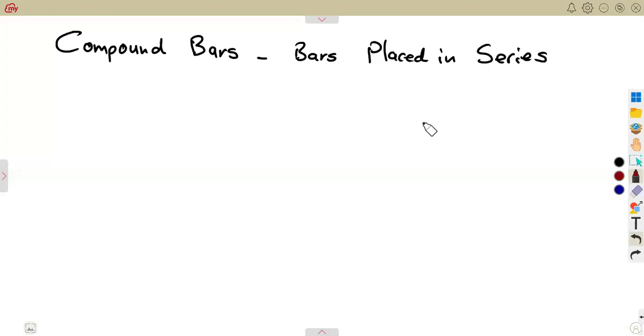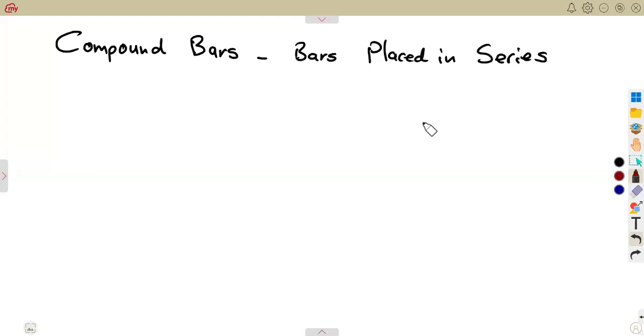So let us try to have a continuation on our compound bars. But this time we need to focus on the condition where the bars are placed in series.